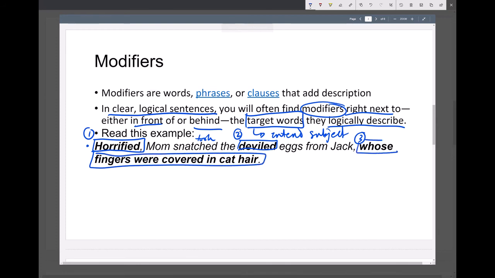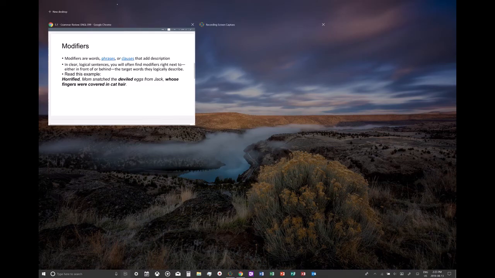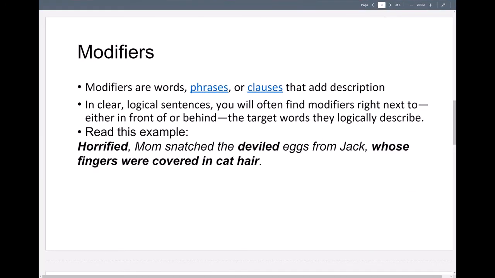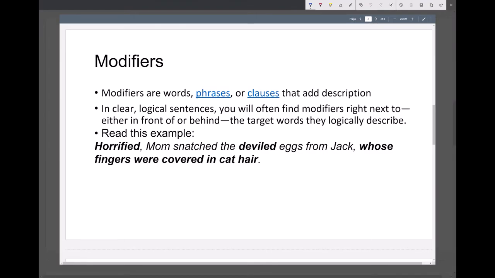He's got cat hair all over his fingers right now. So it's kind of dirty, not clean. So notice here, horrified describes, you got horrified, and that describes the mother. She's horrified about something, about her son. And you got deviled, and that's describing the eggs. It's a type of egg. I'll show you what that looks like later.